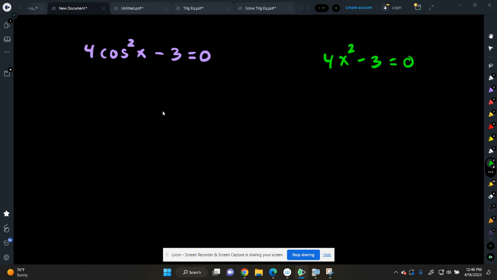I'd solve it using the quadratic formula. Okay, you could. Or I would take the square root of it and then try and solve it. Almost. Can't take the square root yet. Add the 3 first. Let's add 3 first. So we get 4 cosine squared x equals 3. Right? And then what?